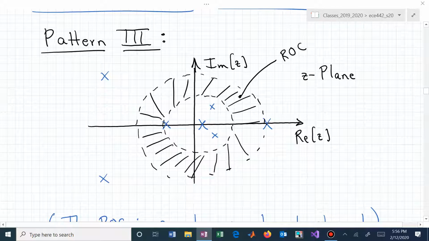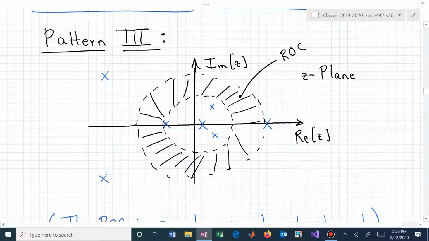But here I've simply picked an annular region to try to emphasize that some poles are inside the region of convergence, not on the region of convergence. Some are beyond the region of convergence.